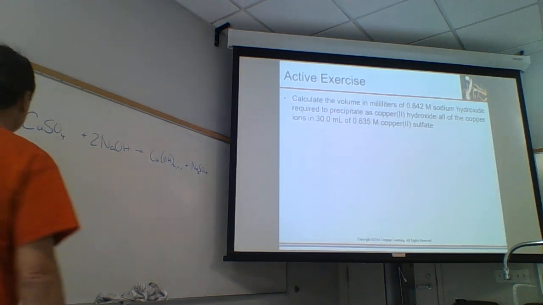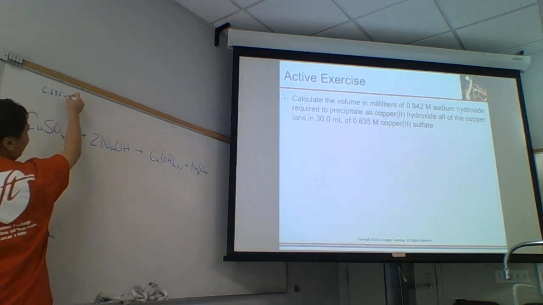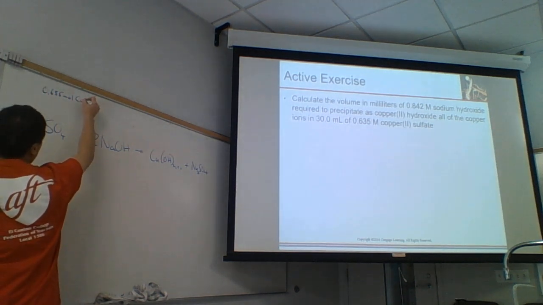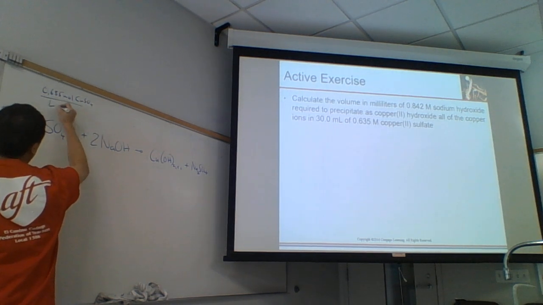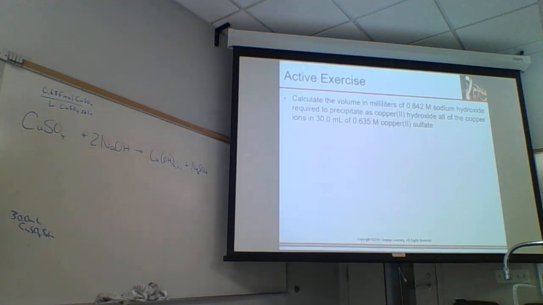The molarity is, write it up here, 0.635 mole of pure copper 2 sulfate per liter of copper 2 sulfate solution. So if we know how many liters of copper 2 sulfate solution, then we can figure out how many moles we have by using molarity. And so the first step I'm going to do here is convert milliliters to liters.